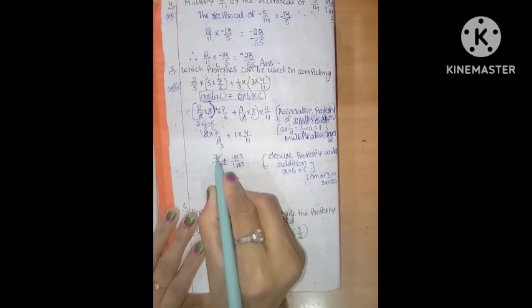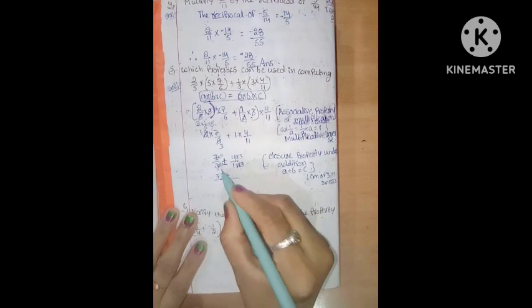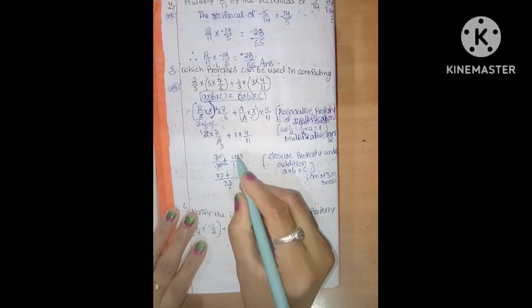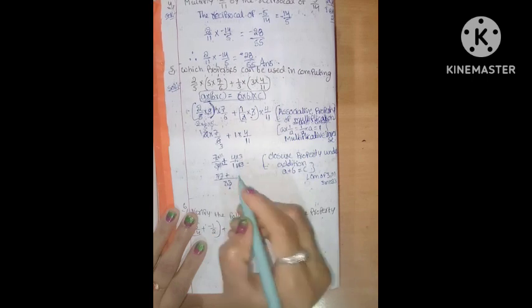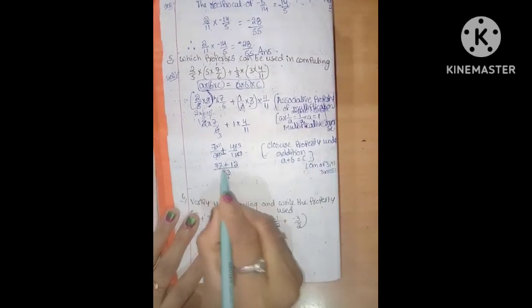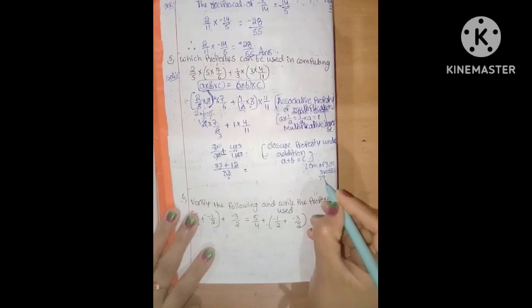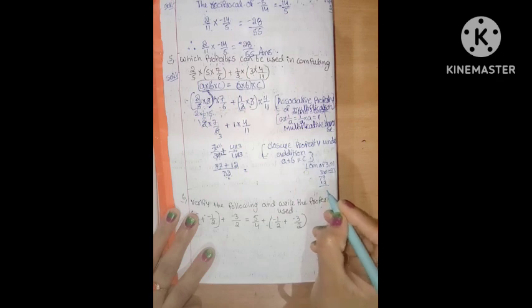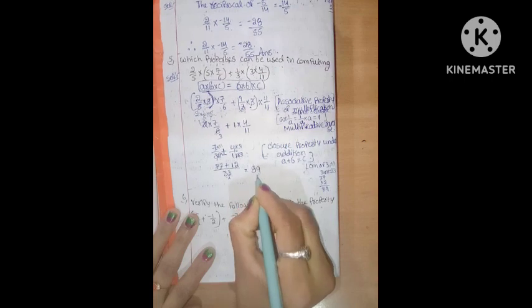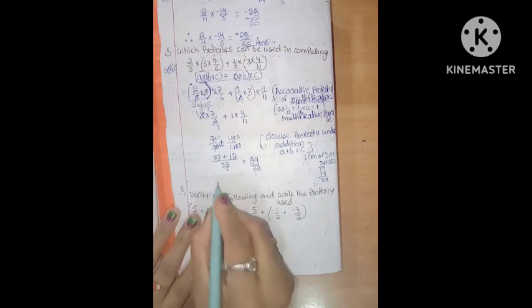So 7 11 ja 77, plus, since both denominators are equal, you write the numerators: 4 cross 3 is 12. The sum of these two terms: 77 plus 12 is 89, so 89 by 33. Are you clear, Gagan Sai?